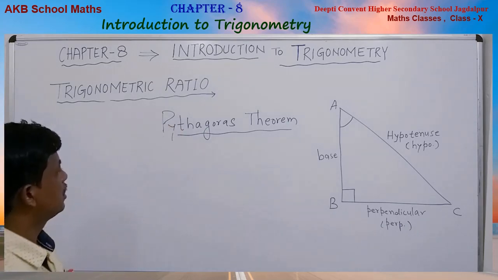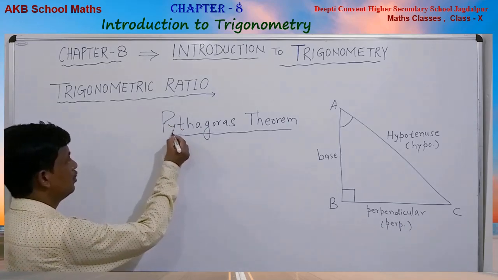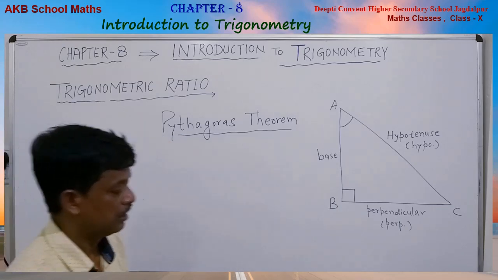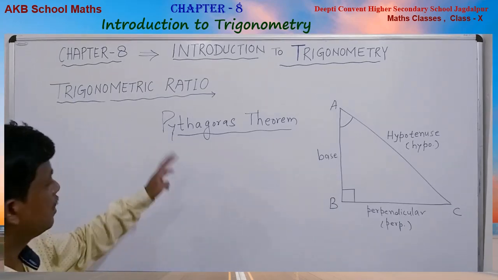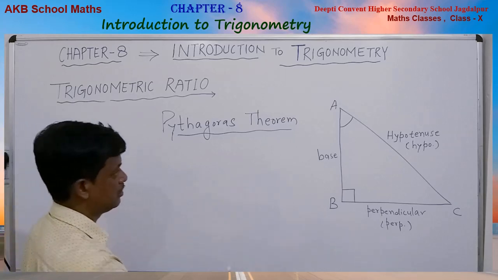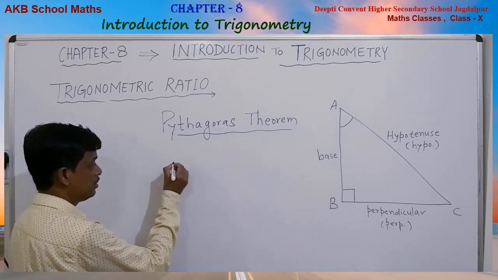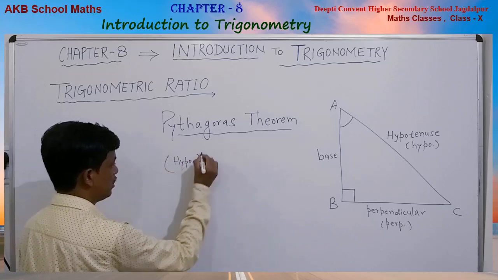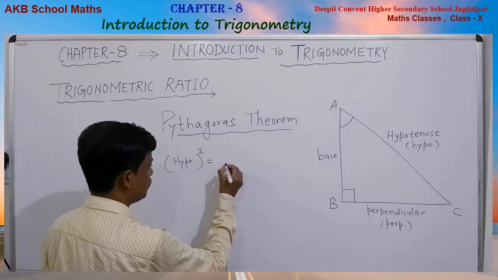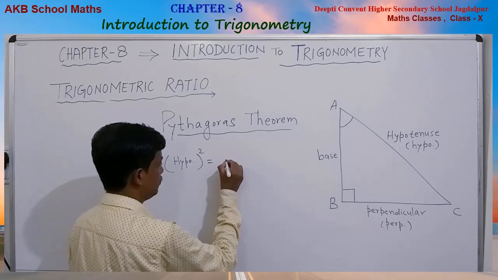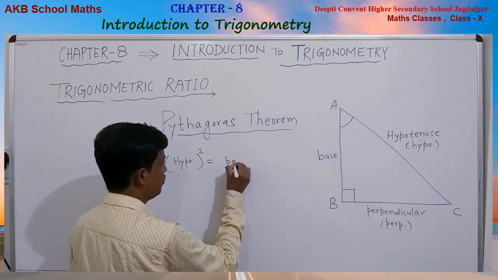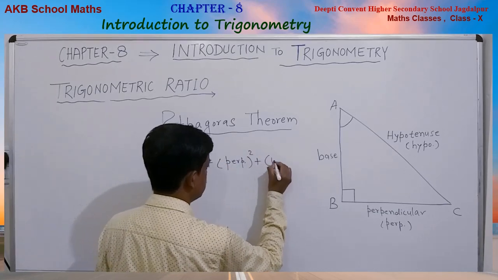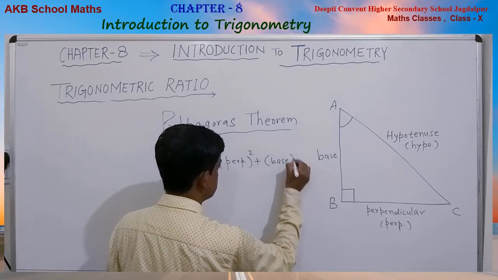This Pythagoras theorem is useful for finding a side of a triangle, because it gives the relation between these three. The relation is: hypotenuse square equals perpendicular square plus base square.